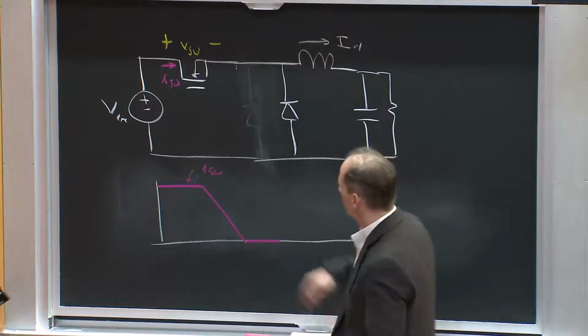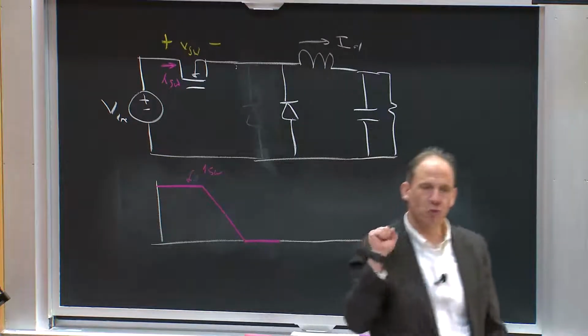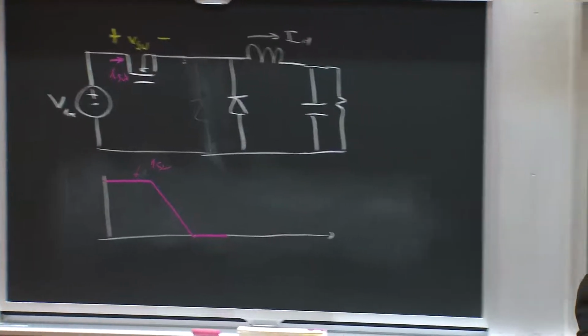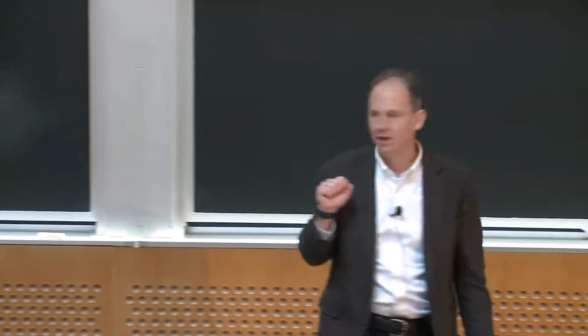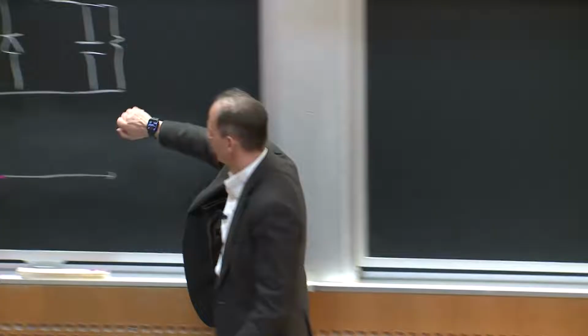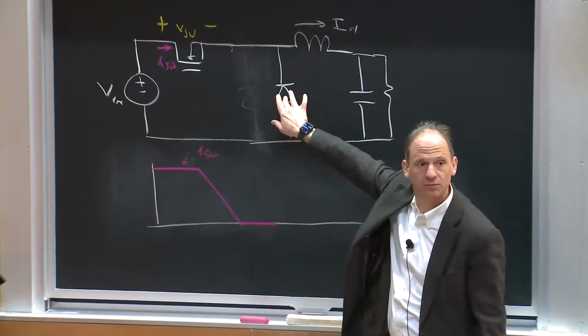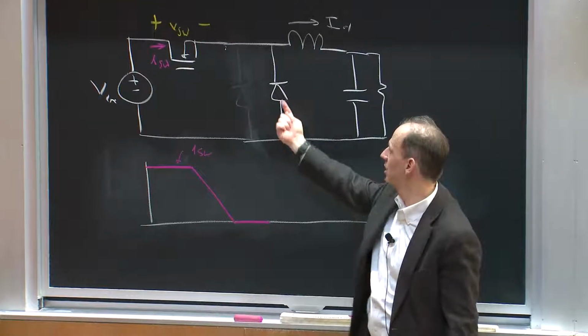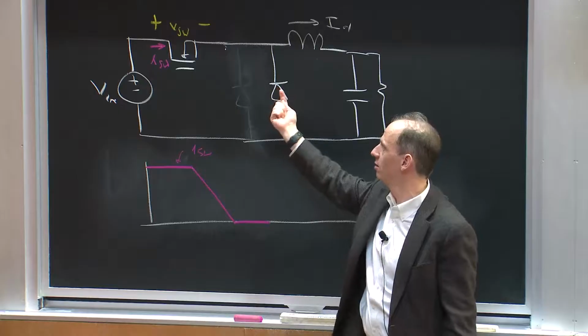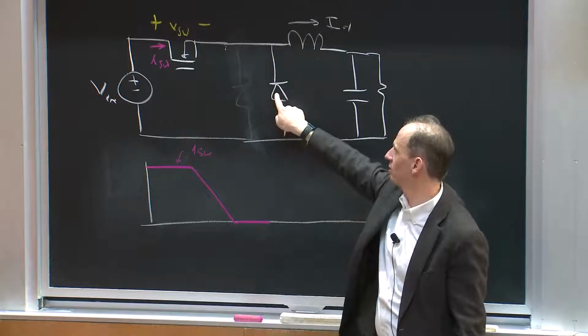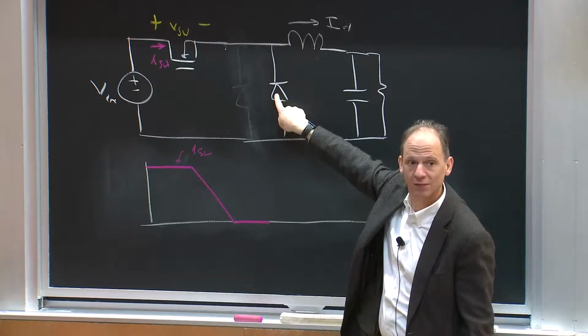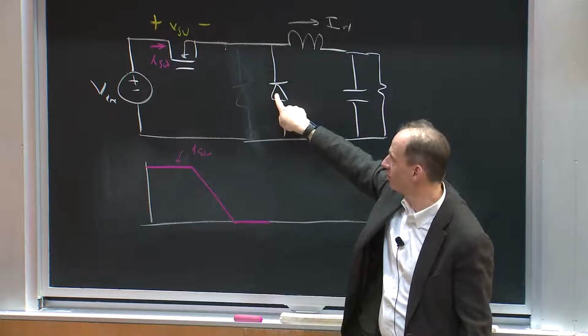Now, the question is, does the switch voltage rise before or after the switch current falls? To the extent that we can think of this diode as being ideal, the diode cannot carry any current until the diode has 0 volts on it.